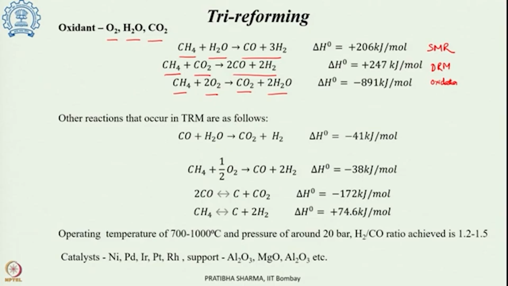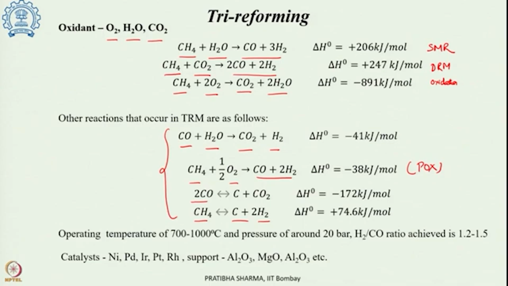Other than these three reactions mentioned, there can be several other possible reactions that can occur. CO reacting with steam to produce CO2, methane undergoing partial oxidation to produce syngas, carbon monoxide disproportionation reaction, methane can undergo decomposition. So other than the primary reactions, these are the other possible reactions which can occur.